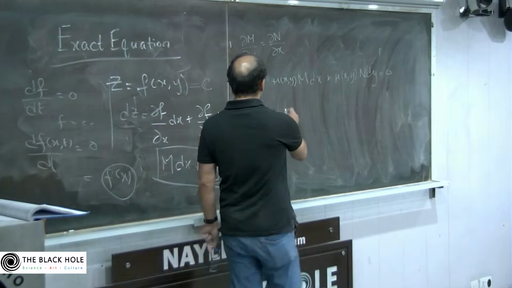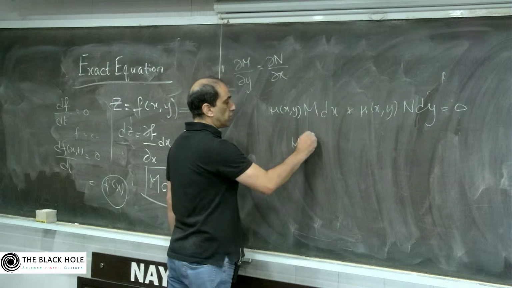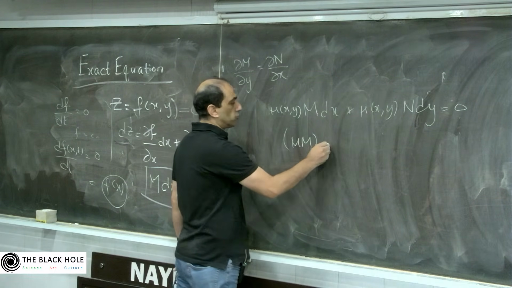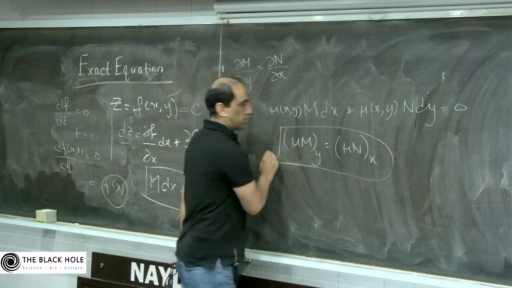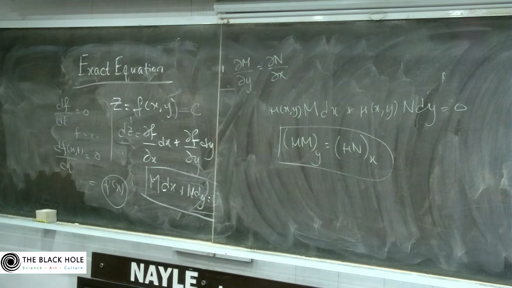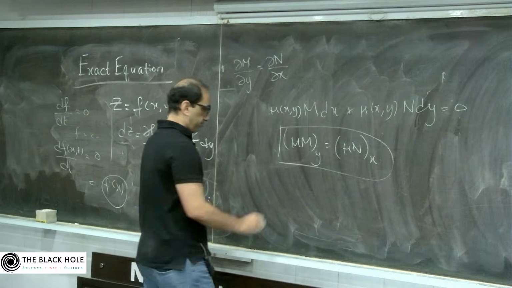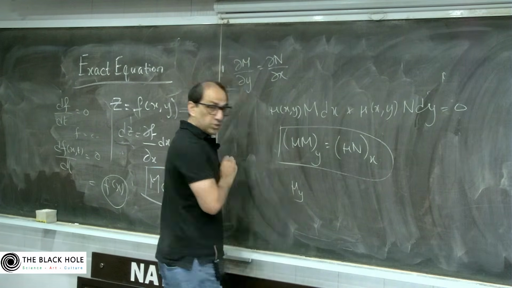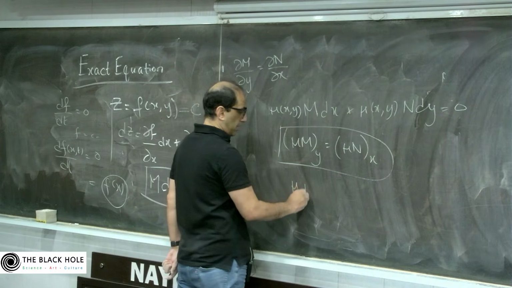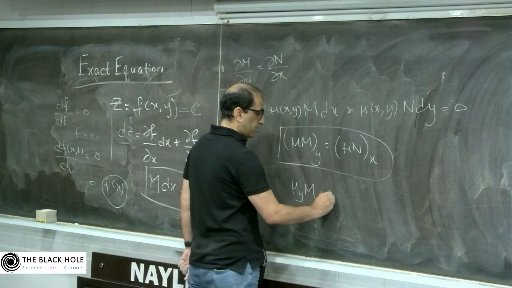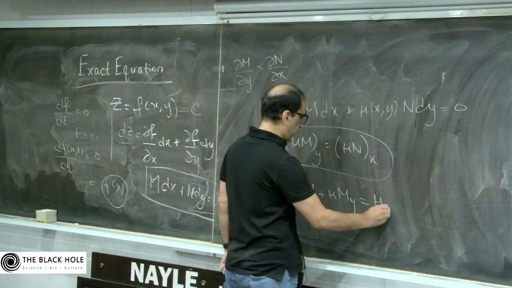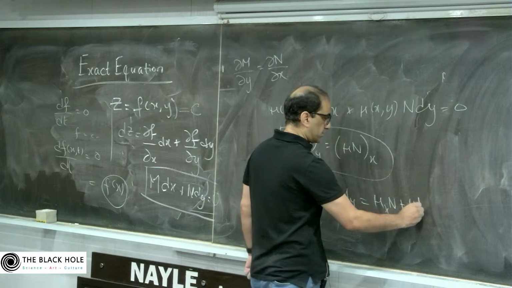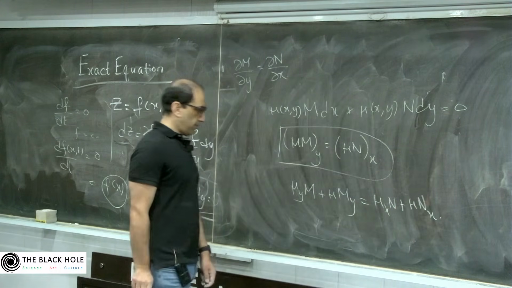From the same analogy, I would say mu of my should be equal to... Right. Okay, now if I write it, I will write it as mu y m plus mu my is equal to mu of x n plus mu n of x.